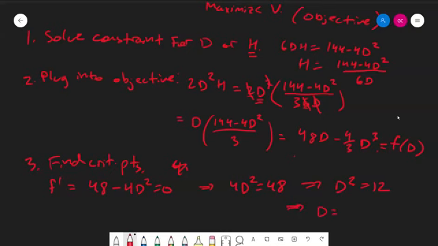In principle, d would be plus or minus the square root of 12. But d is a depth, a dimension of a box, so clearly we want only the positive solution. So I get the square root of 12, or what you might prefer to write as 2 times the square root of 3.